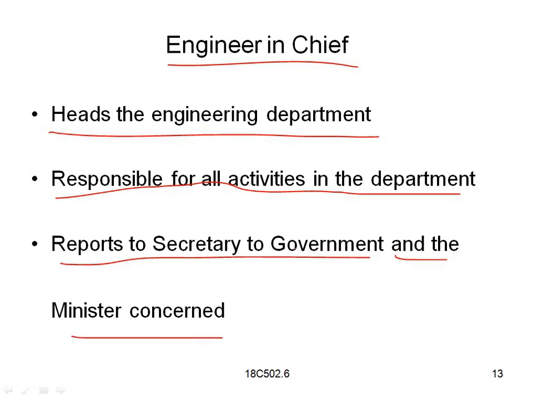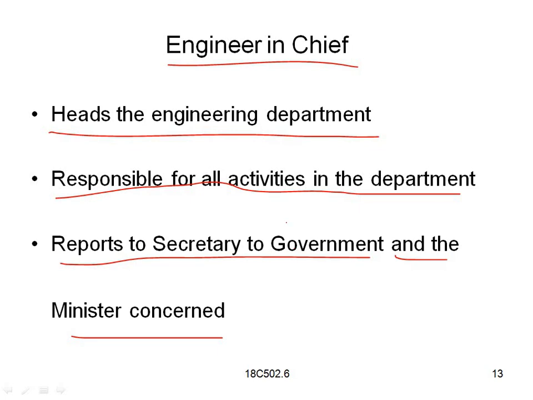Whatever reports or quantity estimates are prepared by the engineers, that report will be sent to the engineer in chief, who approves it, and it is sent to the government for final approval. When the final approval comes, the budgets will be allotted and the work will be done successfully.